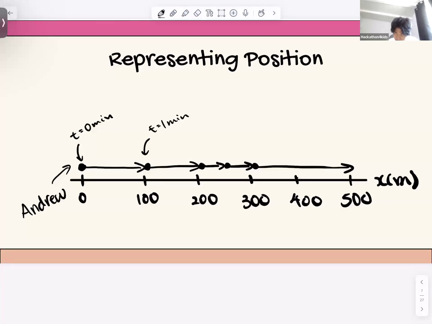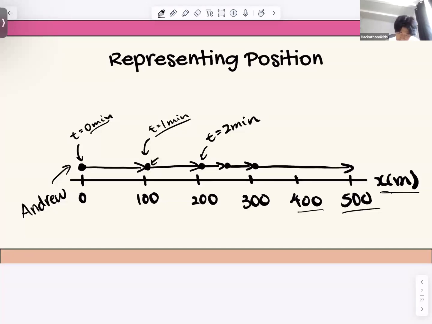Andrew is walking along a number line with these numbers indicating meters, and every dot indicates a frame of 1 minute. So at this dot, the time is 0 minutes. At this dot, the time is 1 minute. And then this dot is time equals 2 minutes, and so on and so forth. Okay.